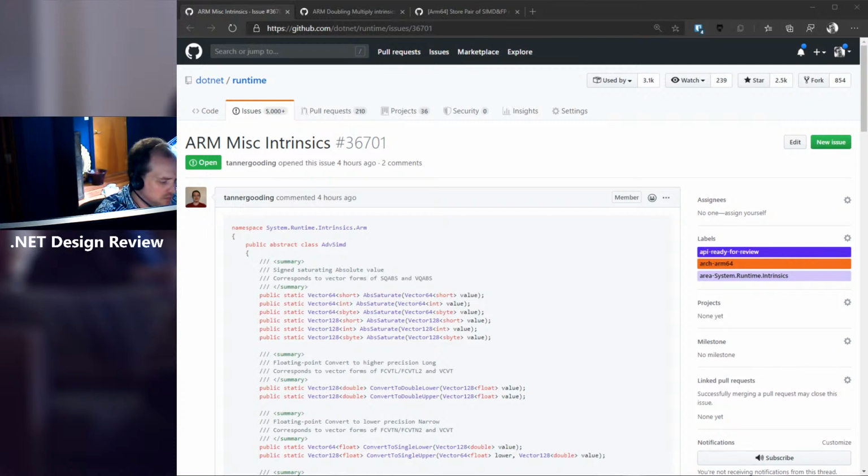In the case of get lower, it's a no-op unless the register is allocated differently, either because it needs it or because of some other scenario. But vector 64 and vector 128 on ARM64 represent the same underlying register, the 128 instead of the 64. And so it's possible to take a vector 128 and encode it correctly.